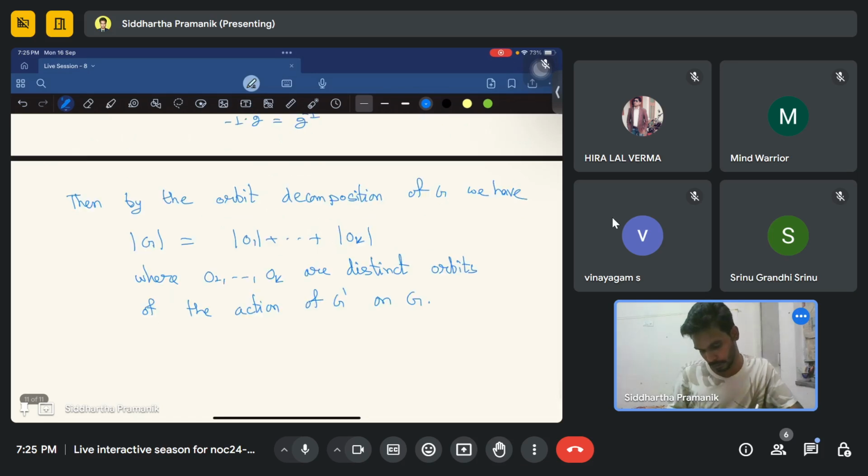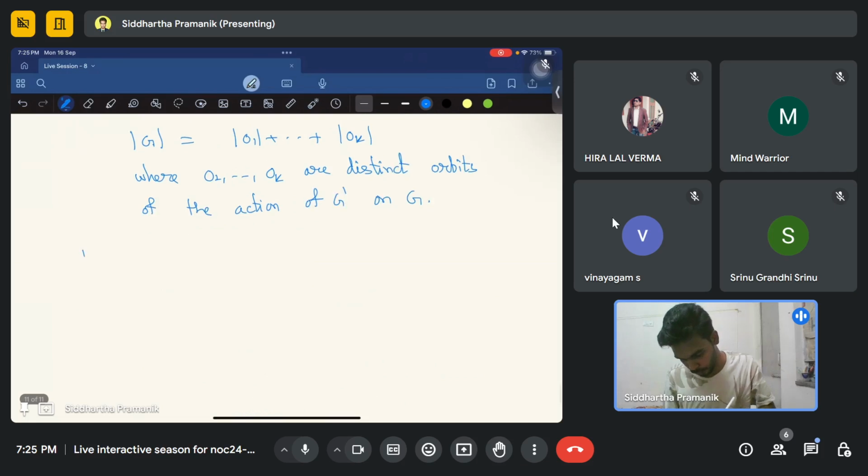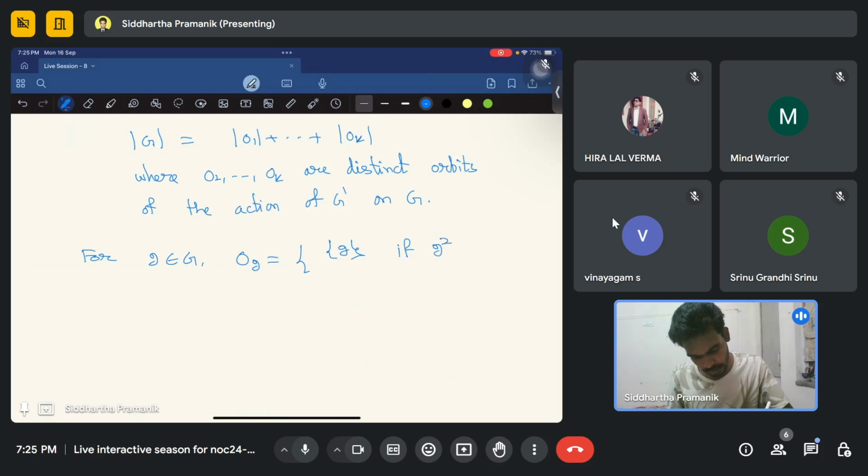Now, if you remember, I have also found the orbits of this group action. So for g belonging to G, how does the orbit look? It is just the singleton g if g square is equal to e, and it is g comma g inverse if g square is not equal to e.